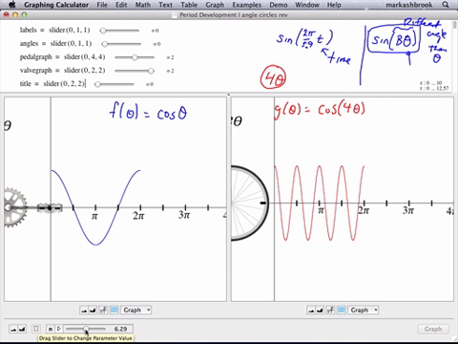So what's the period of G? Not 4 times as great, but 1/4 as much, because now it takes 1/4 of the angle to get a full rotation of the tire valve. So the period is pi/2.